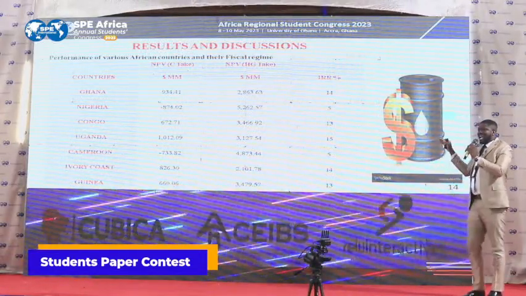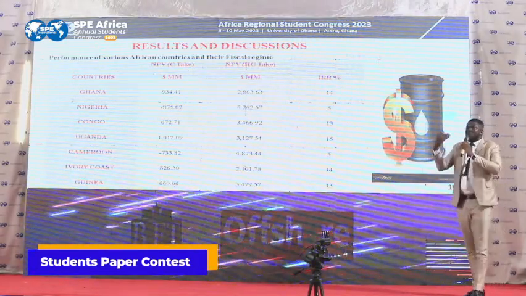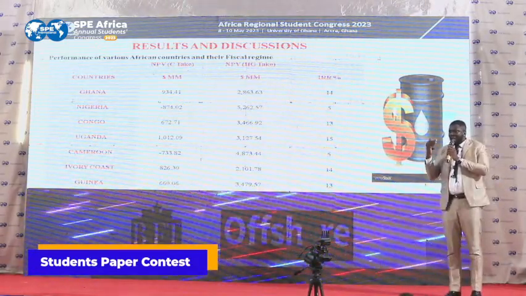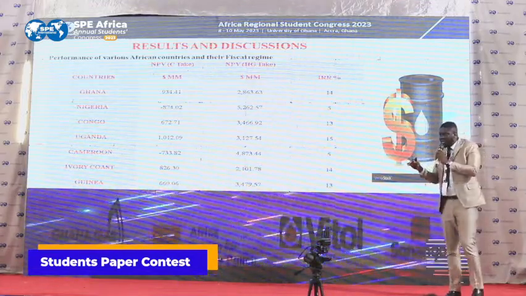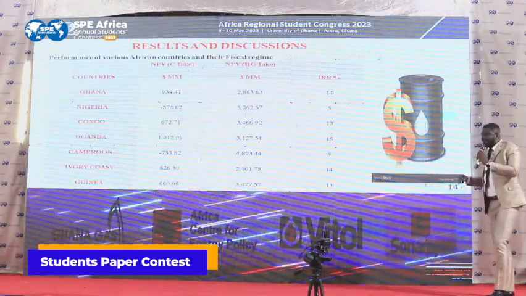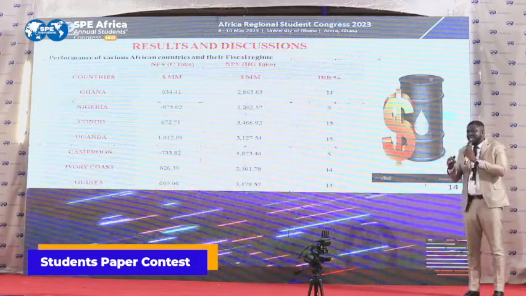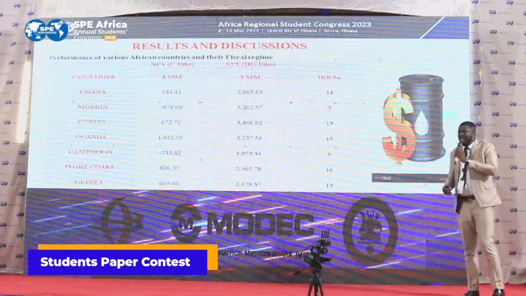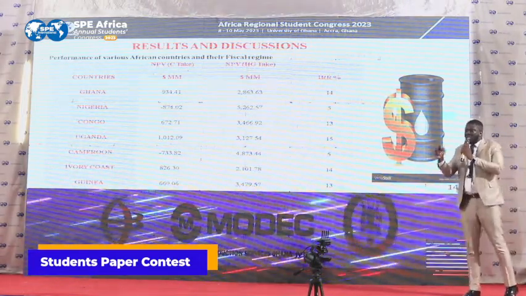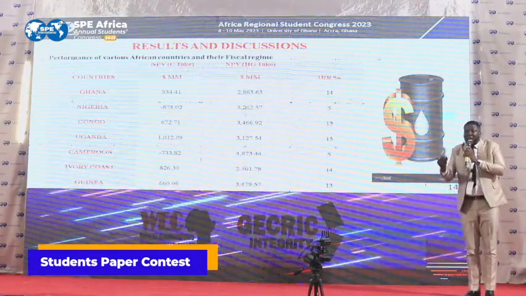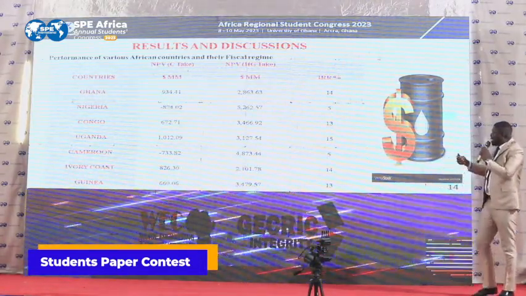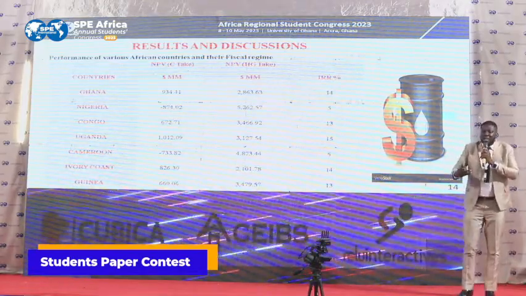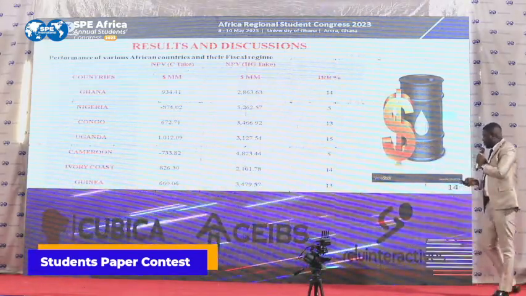It is because they have elements not found in Ghana's. One, they have a royalty of 8% compared to Ghana's 5%. Then they have an income tax of 65.8% compared to Ghana's 35%. They also have signature and production bonuses, which Ghana doesn't have. This is what makes them generate almost twice that of Ghana.